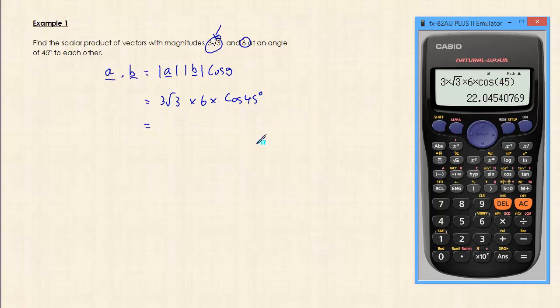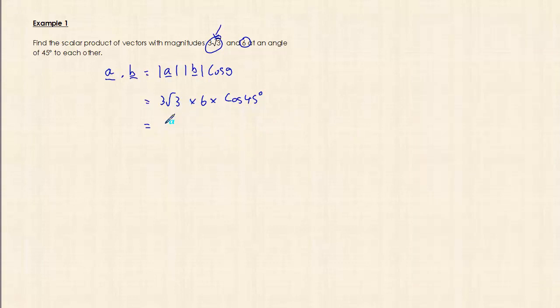If we wanted it as an exact answer, this would be 18 root 3, and cos 45 is root 2 over 2. 18 divided by 2 is 9, root 3 times root 2 is root 6. So the answer is 9 root 6.